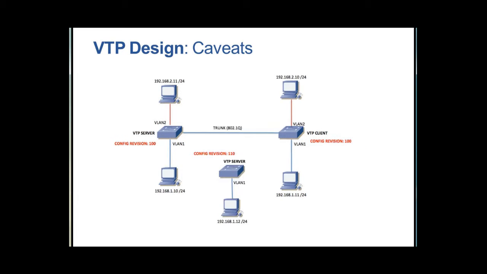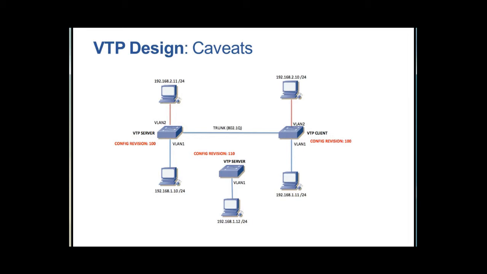However, let's say that we have some rogue switch that is part of the same VTP domain. Maybe it's used in a lab for testing or something like that. Well, that switch is also operating in VTP server mode. Now, this switch is not plugged into our network, but it has a different set of VLANs.